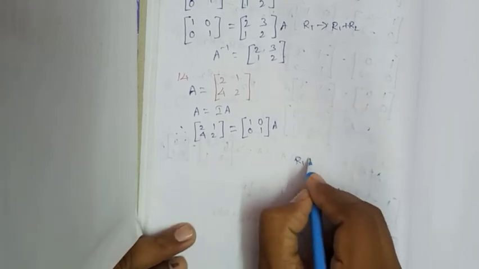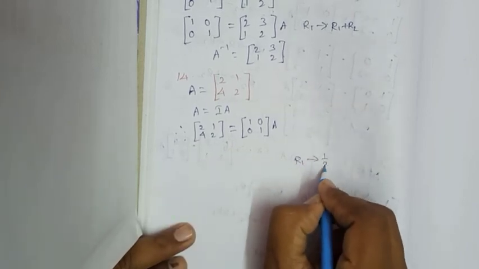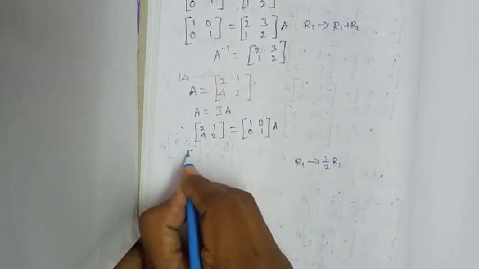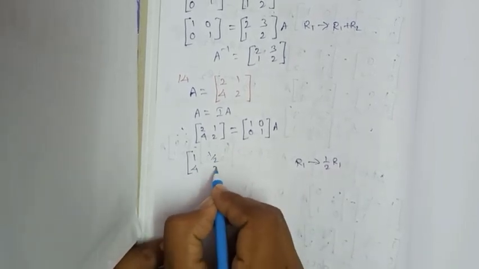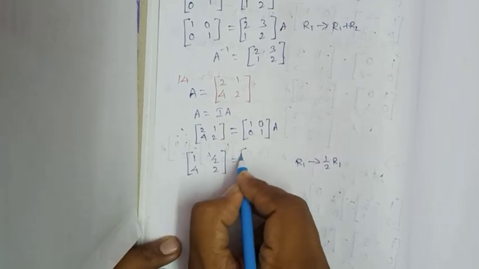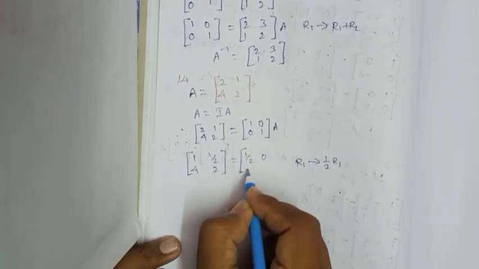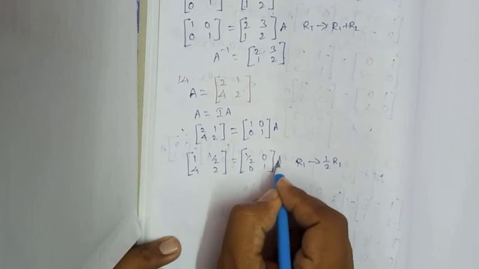So we write the form R1 implies 1 by 2 into R1. We get 1, 1 by 2. And the second row 4, 2, which is equal to 1 by 2, 0, 0, 1 into A.